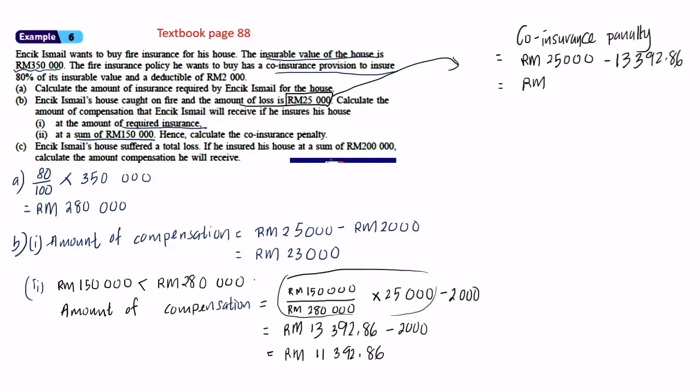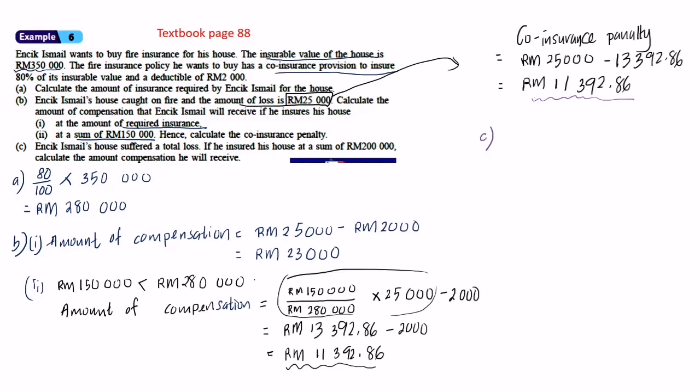So equals 11,392 ringgit 86 cent. Means that he cannot claim the full amount of 25,000. He can only receive the amount of compensation 11,392 ringgit 86 cent. And the insurance penalty is 11,392 ringgit 86 cent.